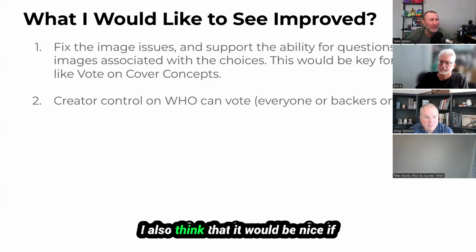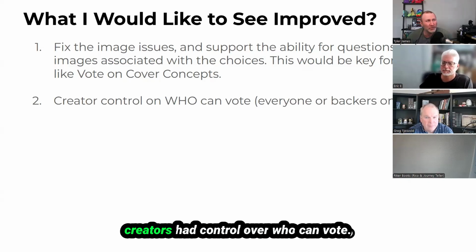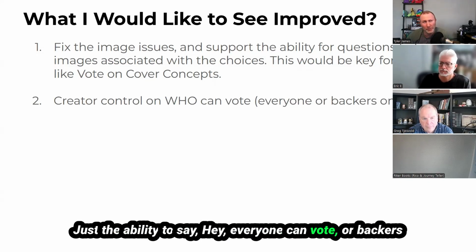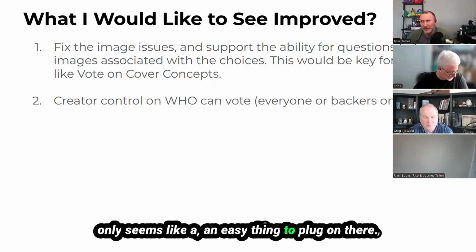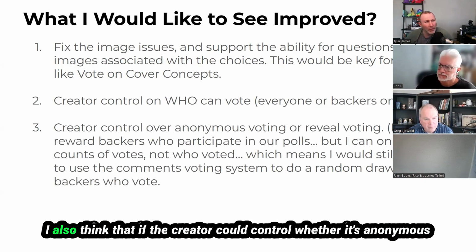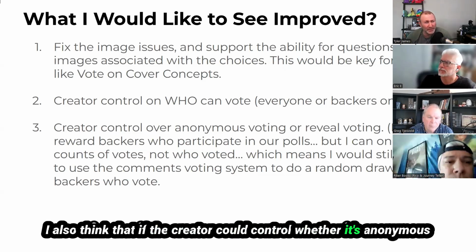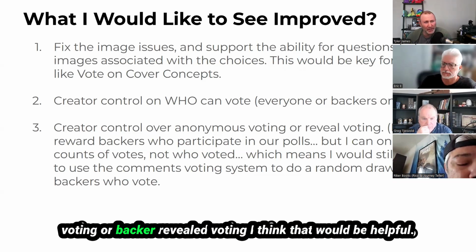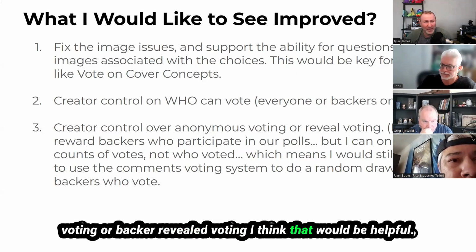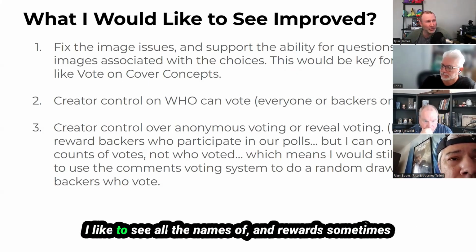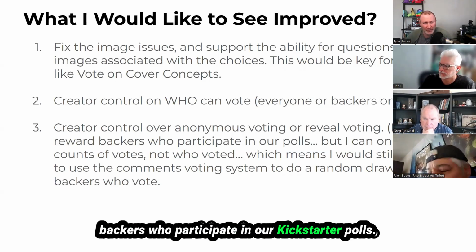I also think it would be nice if creators had control over who can vote, just the ability to say everyone can vote or backers only. That seems like an easy thing to plug in. I also think that if the creator could control whether it's anonymous voting or backer-revealed voting, that would be helpful. I like to see all the names of, and sometimes reward, backers who participate in our Kickstarter polls.